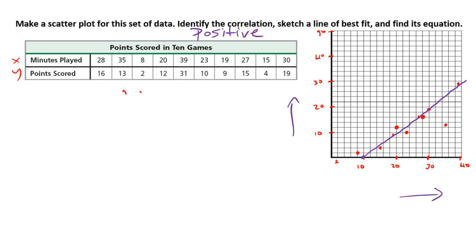Now I will use 2 points on the line. One is going to be this one, and the other one is going to be this nice one here. The 2 points that I will use are x 10, y 0, and the other point is x 30, y 19.